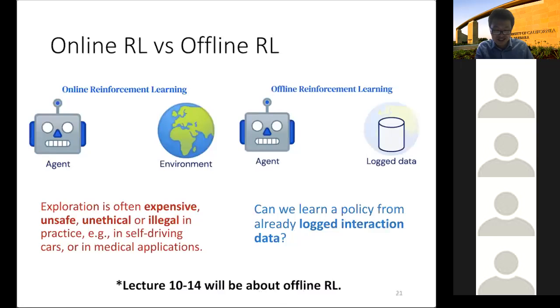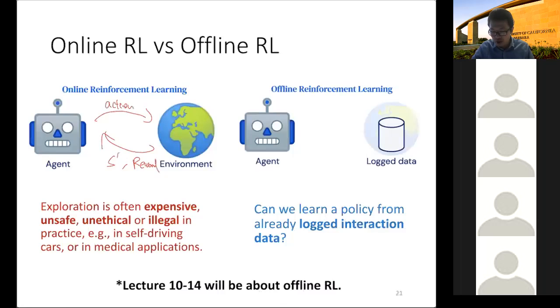So it just doesn't work that way. Which means that standard online reinforcement learning, where the agent has access to take actions and then receive feedback in terms of state and reward, is not going to work in these situations. So offline reinforcement learning is precisely there to tackle these issues.